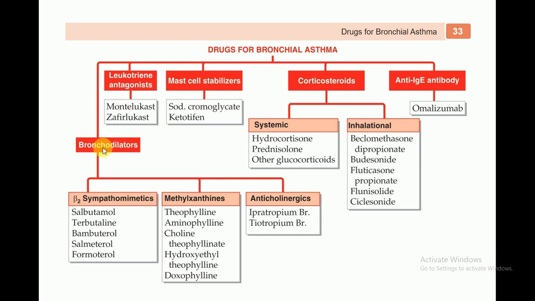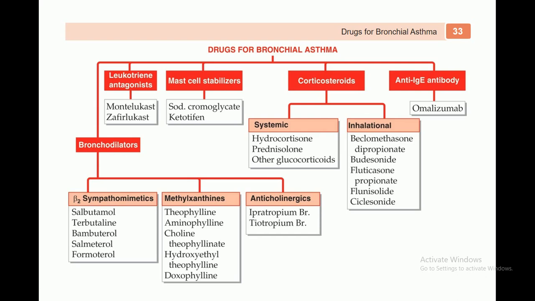Okay, now come to bronchodilators. You know about bronchodilators, which can dilate the bronchioles of the lungs. So bronchodilators are further divided into three. The first one is beta-2 sympathomimetics, the second one is methylxanthines, and the third one is anticholinergics.